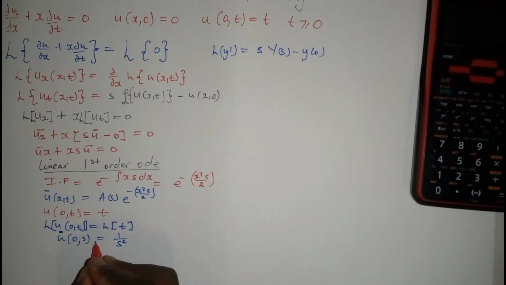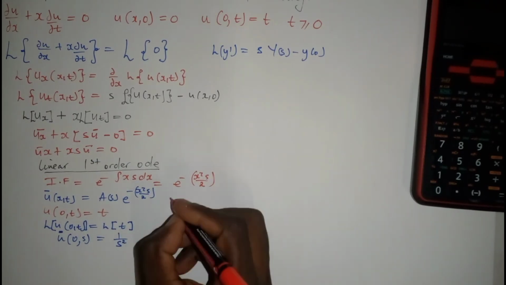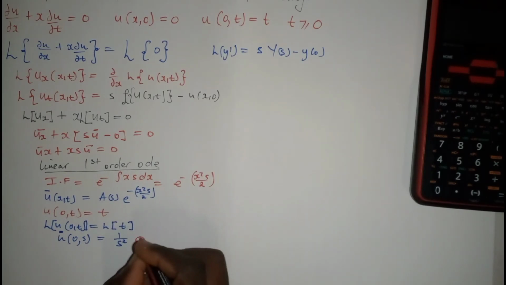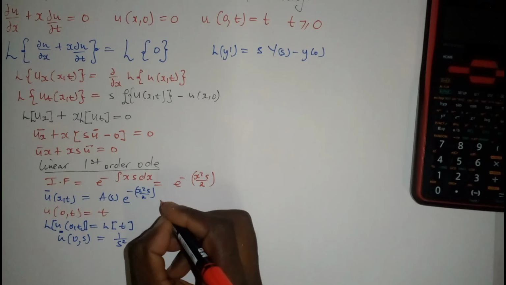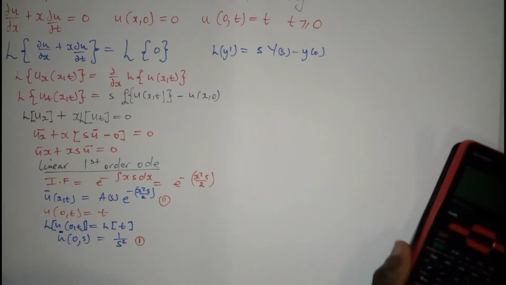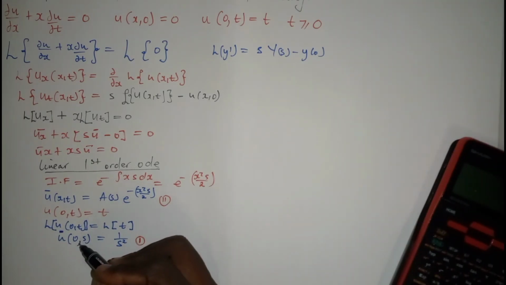So by using this, let's call this equation 1 and this one equation 2. Now by using equation 1, you can substitute for u(0).